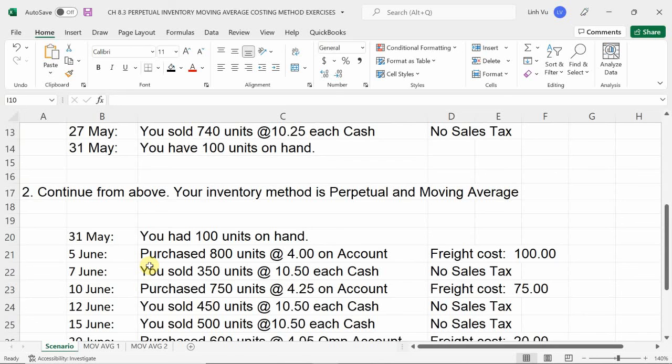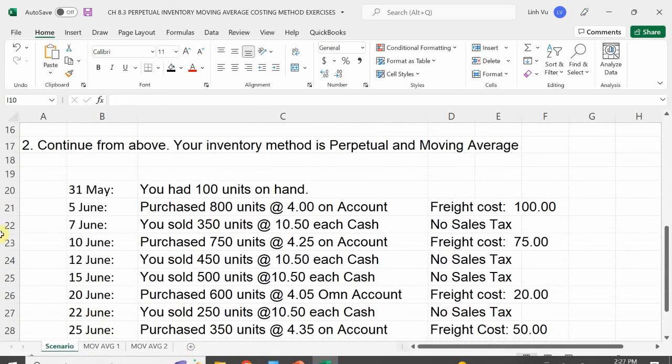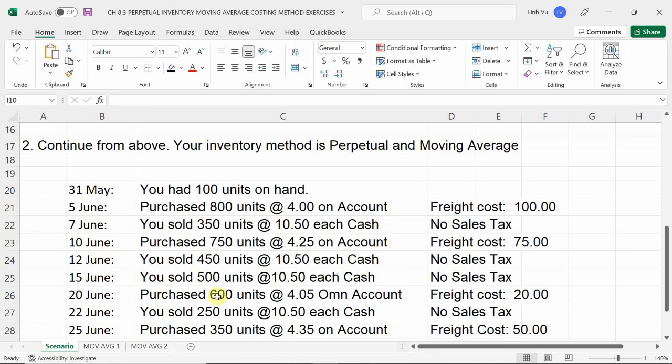So by looking at what we just did and constantly calculating it, we can see why it's called moving average, because you're constantly calculating and seeing how it changes every single time you purchase and every single time you sell. Here it tells you on May 31st, you had a total of 100 units on hand, which we know is true because that's what we saw on our previous worksheet.